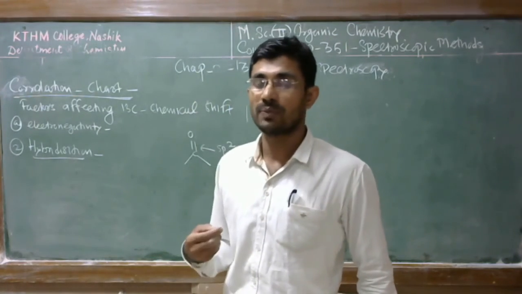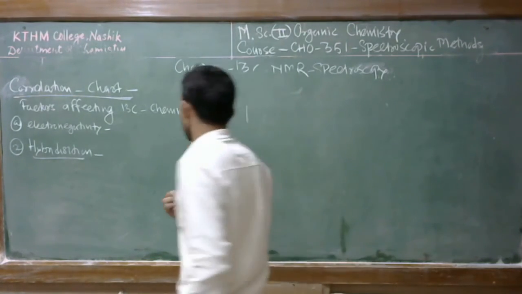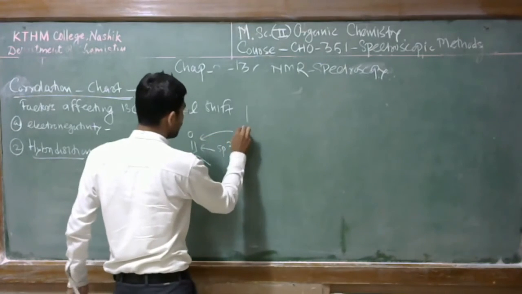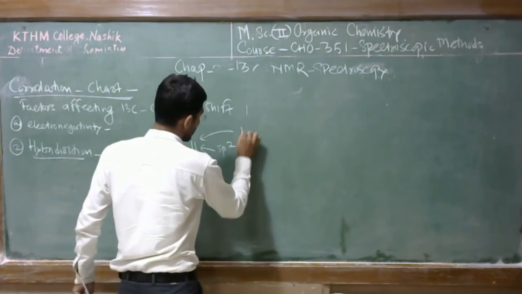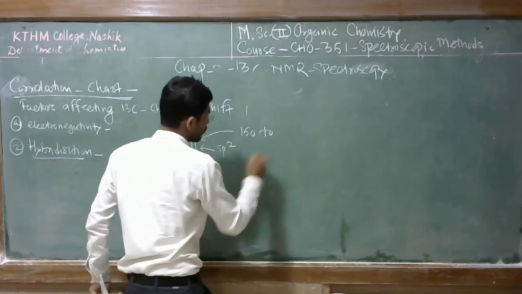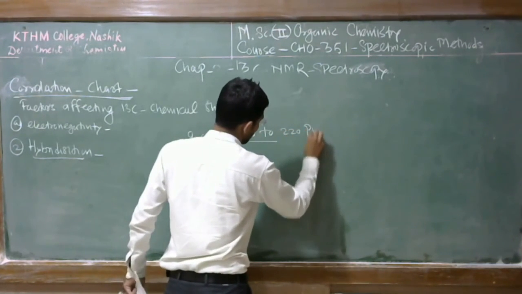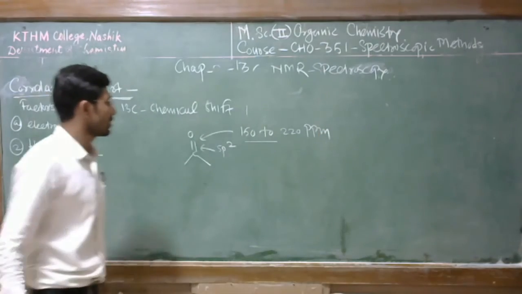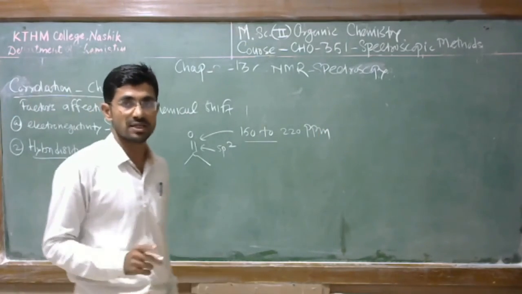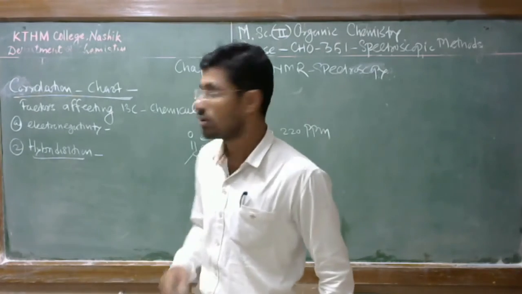So both effects show the chemical shift of this carbonyl carbon ranging from 152 to 120 ppm. We can observe this range here. Why? Because of both effects, the hybridization and the electronegativity of oxygen.